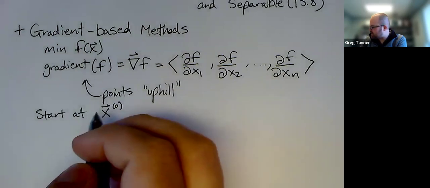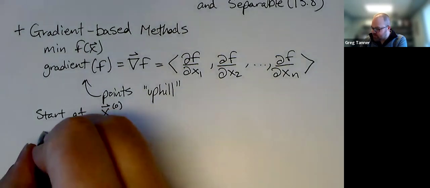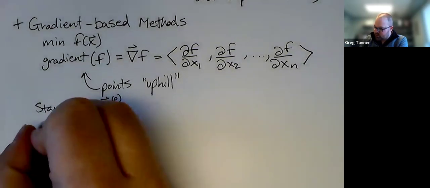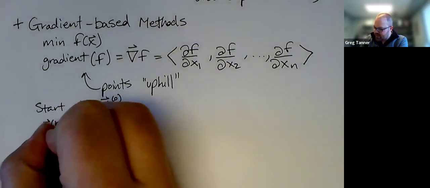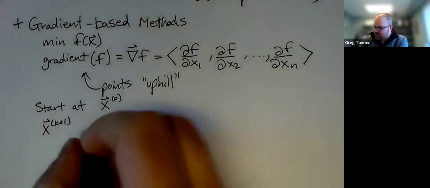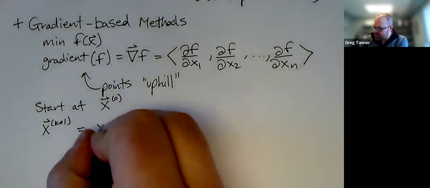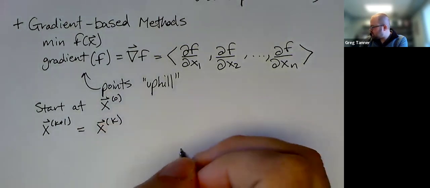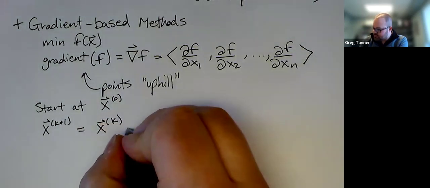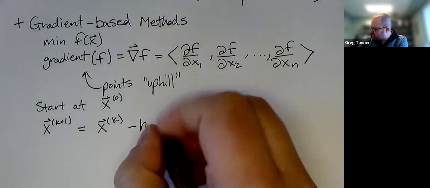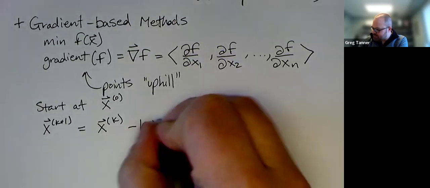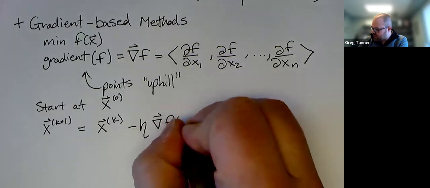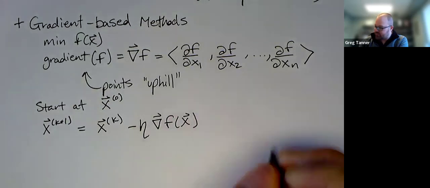But you start at some spot, and then you have a recursion, an iterative process, where in order to find your next spot, you take your previous spot and you make a small step in the opposite direction of the gradient if we're trying to minimize f of x.